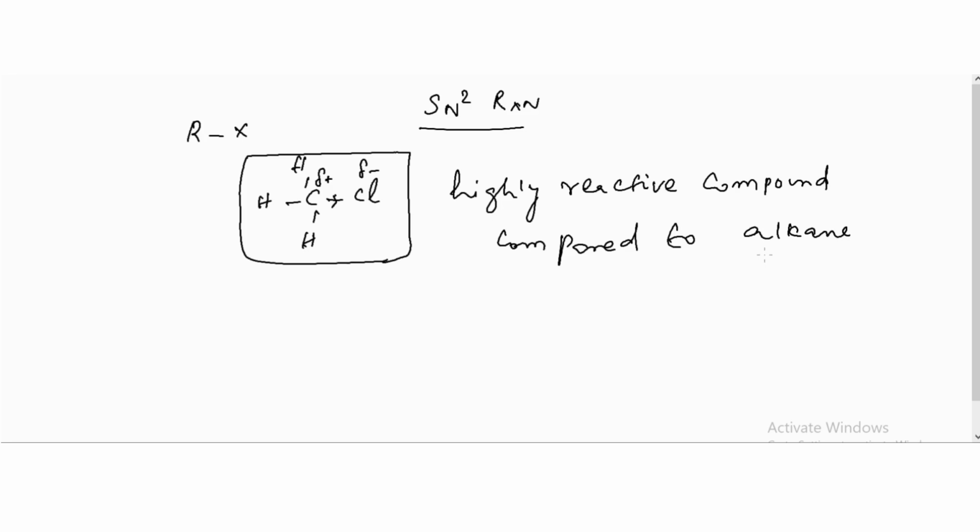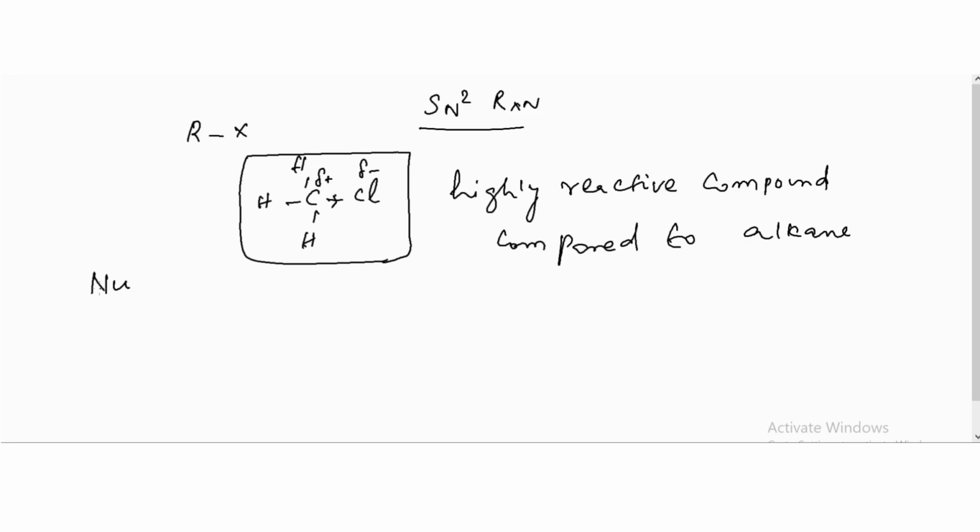As we know, alkanes are highly inert compounds, so they will not undergo any chemical reaction under normal conditions. So now we understand that haloalkanes are highly reactive compounds compared to alkanes.